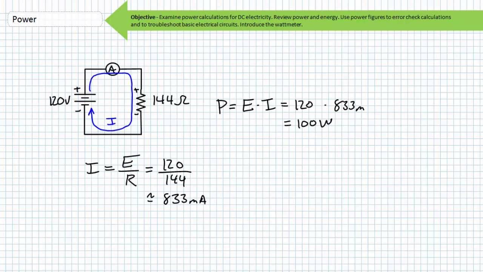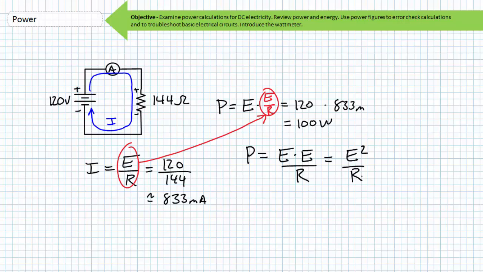I believe we can. If power equals voltage times current, and via Ohm's Law, current equals voltage divided by resistance, we can substitute this into our power equation, where power now equals voltage times voltage divided by resistance, simplifying to voltage squared divided by resistance.